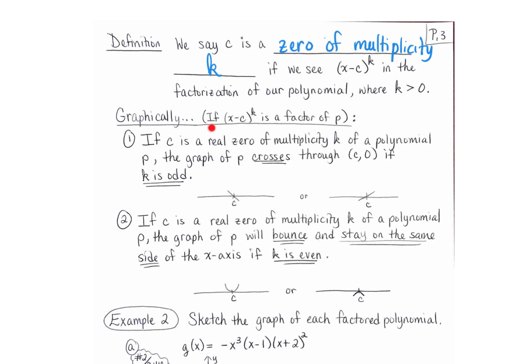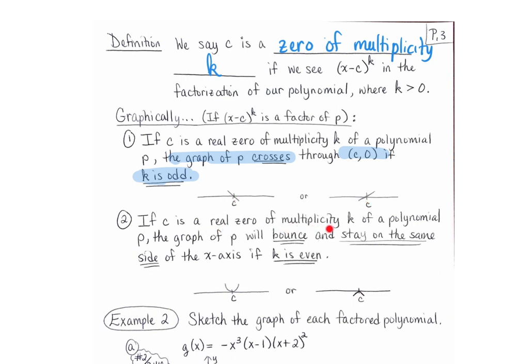All right, so graphically, if x minus c raised to the k is a factor of p, if c is a real zero of multiplicity k of a polynomial p, the graph of p crosses through that x-intercept if k is odd. So if k is 1 or 3 or 5 or 7 or any odd number, your graph is going to cross at that x-intercept.